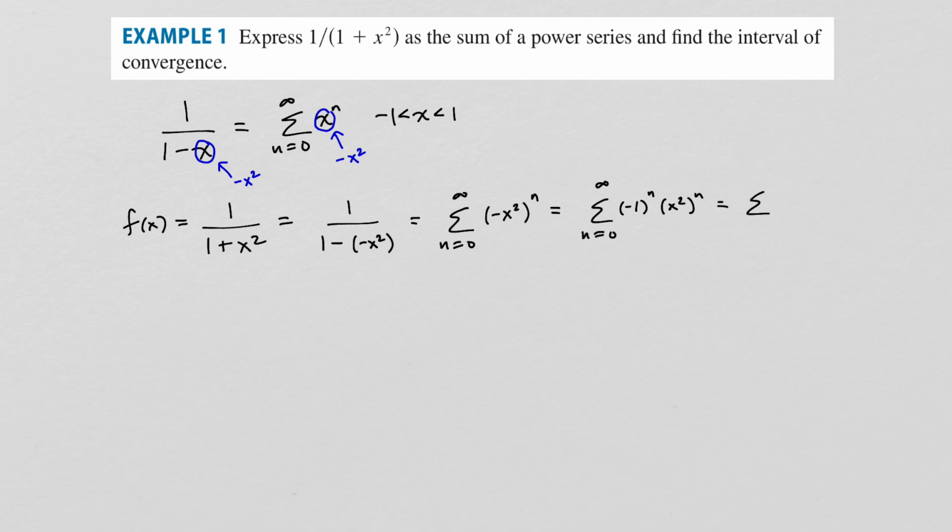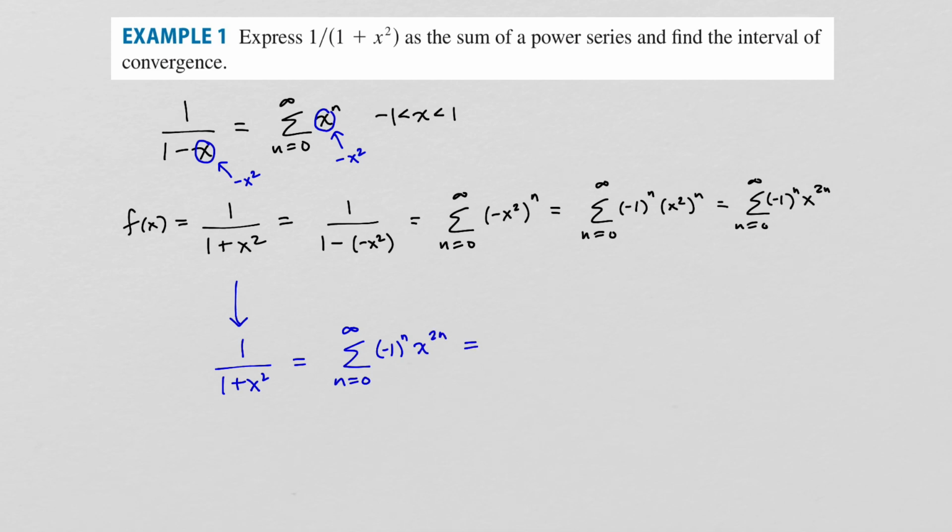And this finally can be written as the sum of negative 1 to the n, x to the 2n power, just by using a property of exponents which allows us to multiply these powers together. So in the end here, you can see that the function 1 over 1 plus x squared has a power series representation: summation n equals 0 to infinity, negative 1 to the n, x to the 2n.